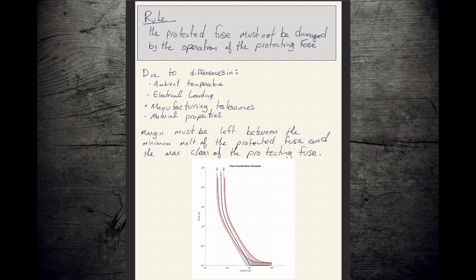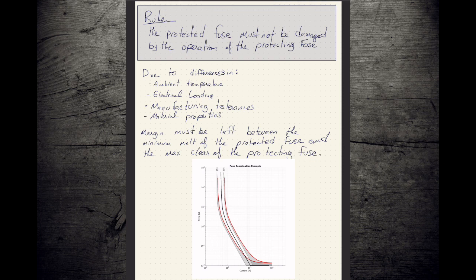Right? So there could be big changes, or the reverse could be true. One of those fuses could be in a heated electrical room while the other fuse, your upstream fuse, is freezing in the cold. So there's going to be differences in what sort of temperature the upstream and downstream devices are experiencing.